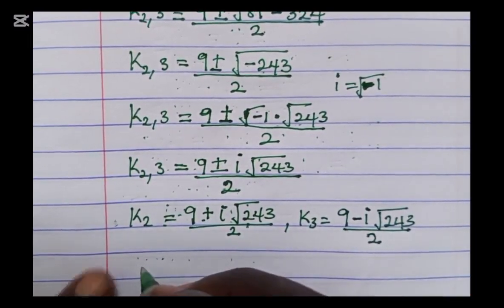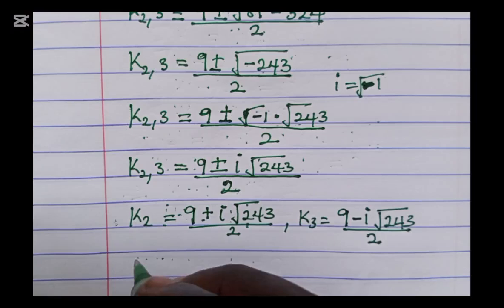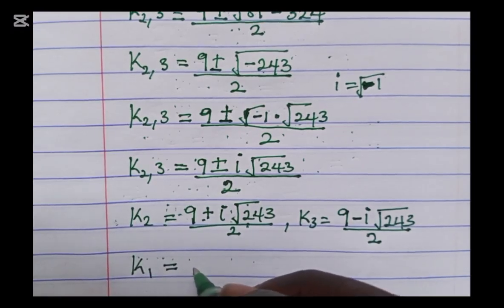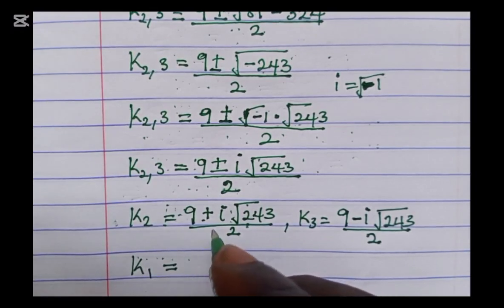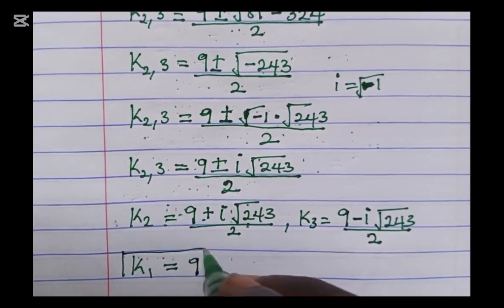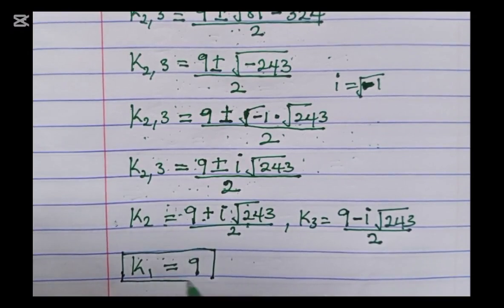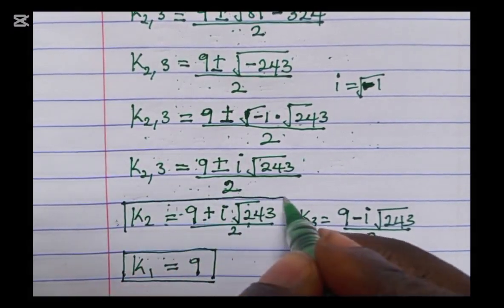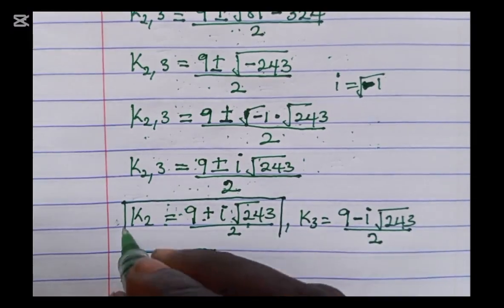But remember that our k1, which is the real value of k as found earlier, is 9. You can see the interesting solution to the question.